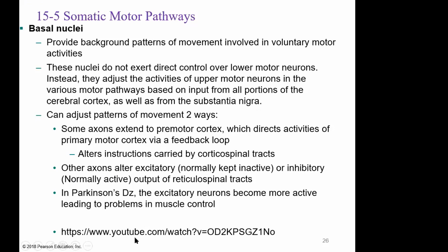There is a little YouTube video right here that you can go back and watch to refresh your brain on the basal nuclei, the different structures involved, and how that actually works in the brain. So you just want to think of this as helping with the subconscious feedback and regulation of proper motor control. That's the big forest picture of it.